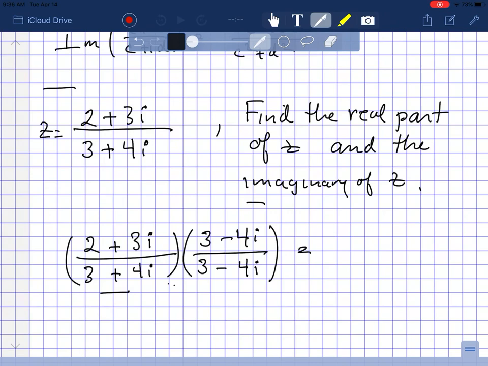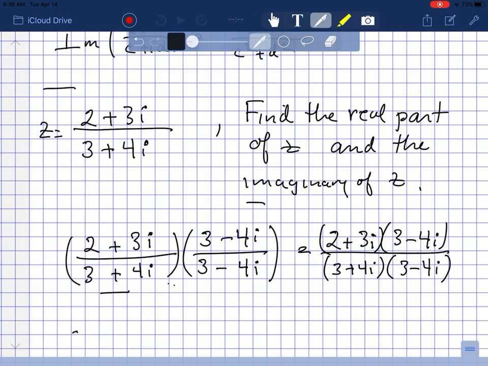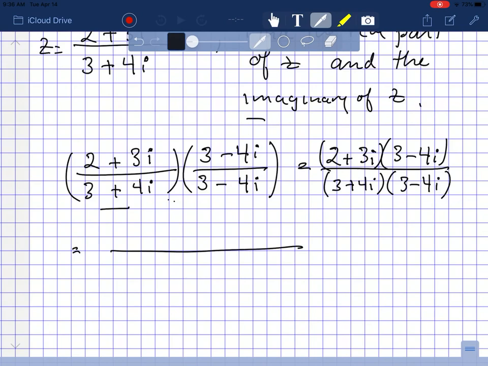And this is equal to 2 plus 3i times 3 minus 4i divided by 3 plus 4i times 3 minus 4i.